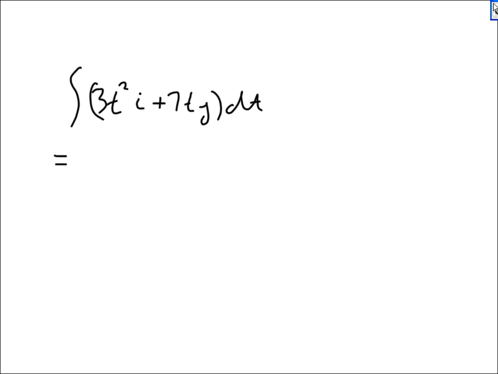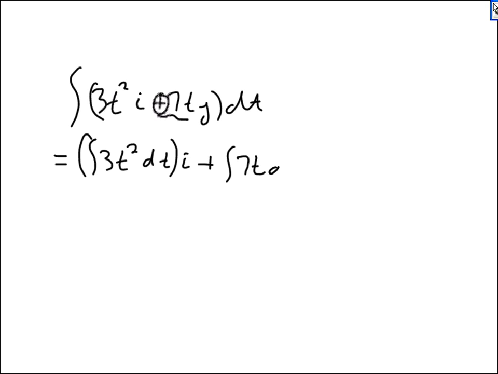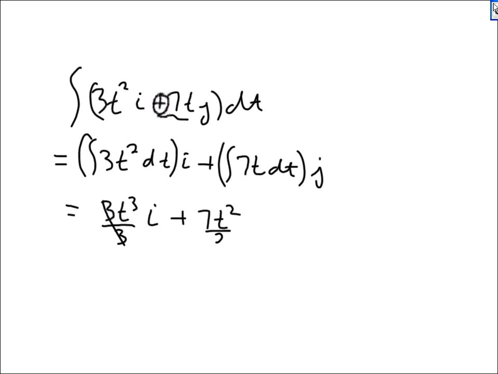Basically, this is just the integral of 3t squared dt times i, plus the integral of 7t dt times j. So you get 3t cubed over 3, which is just t cubed i, plus 7t squared over 2 times j.